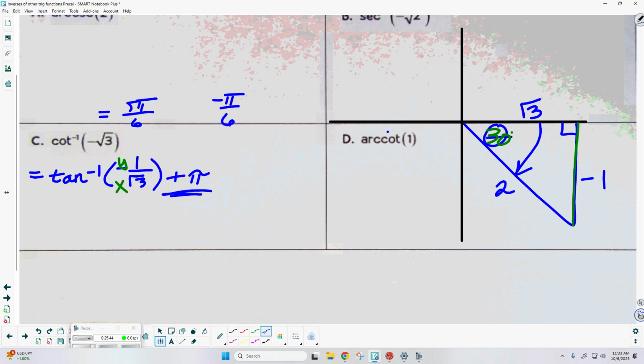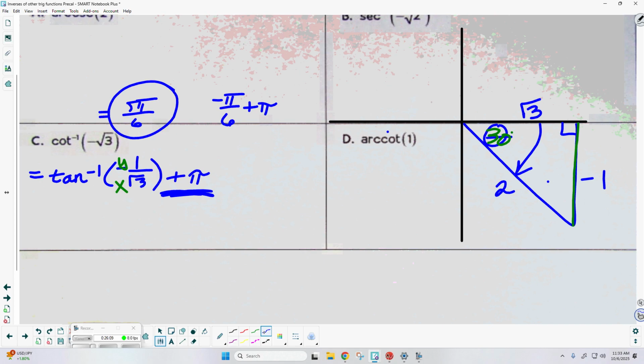But don't forget, we have to add pi. Okay, because cotangent inverse can only be in quadrants 1 and 2. But this tangent inverse reciprocal put me in quadrant 4. So that pi is going to put me in the correct place. So if I were to go ahead and do that, that's where the 5 pi over 6 comes from. In fact, did anybody want me to run through the algebra?